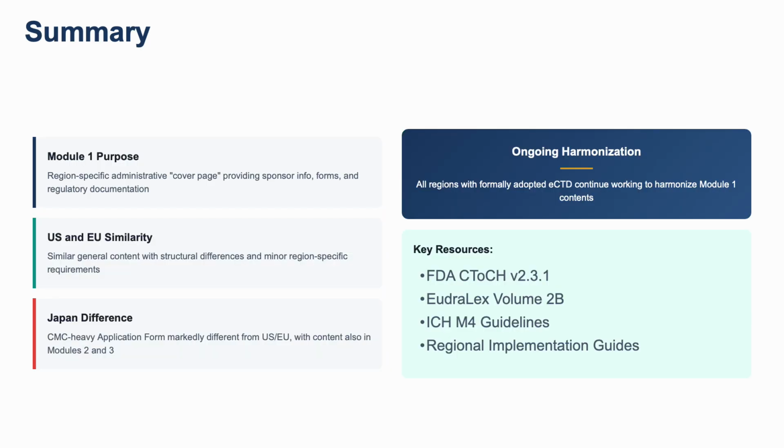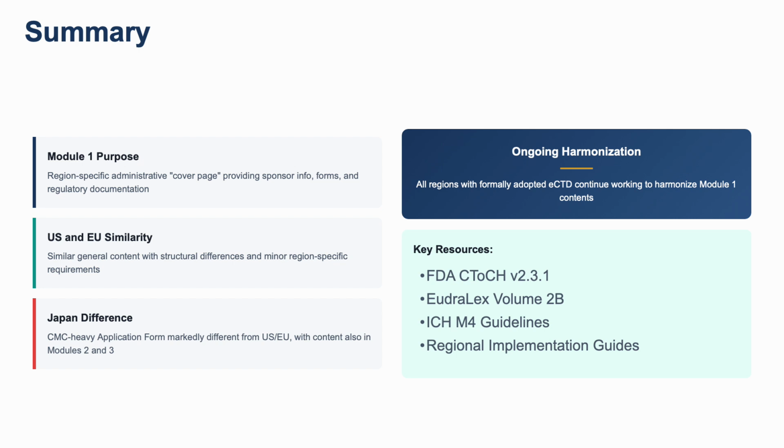To summarize today's lecture, Module 1 serves as the region-specific administrative cover page for eCTD submissions, providing all the sponsor information, forms, and regulatory documentation needed for authorities to process your application. The US and EU have similar general content with structural differences and minor region-specific requirements like FDA's expedited pathways and EMA's environmental risk assessment.